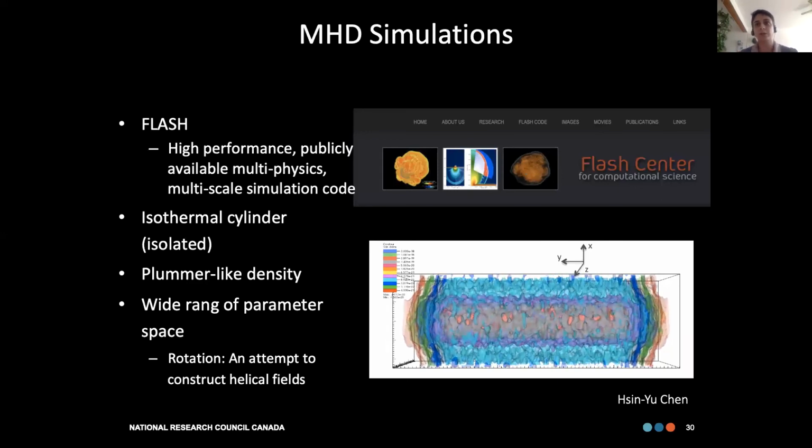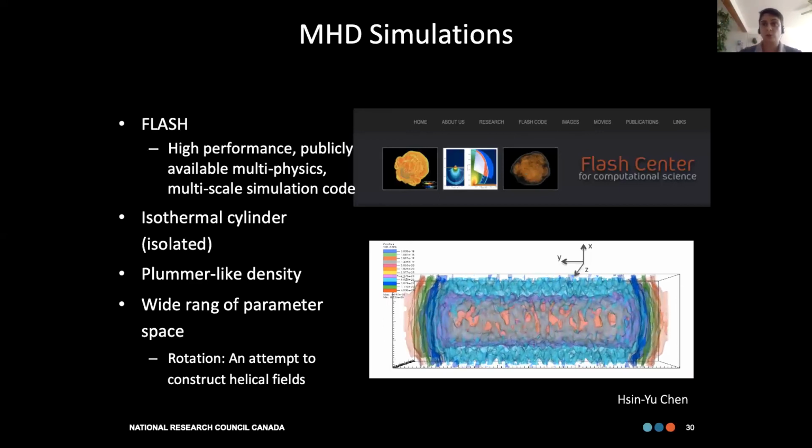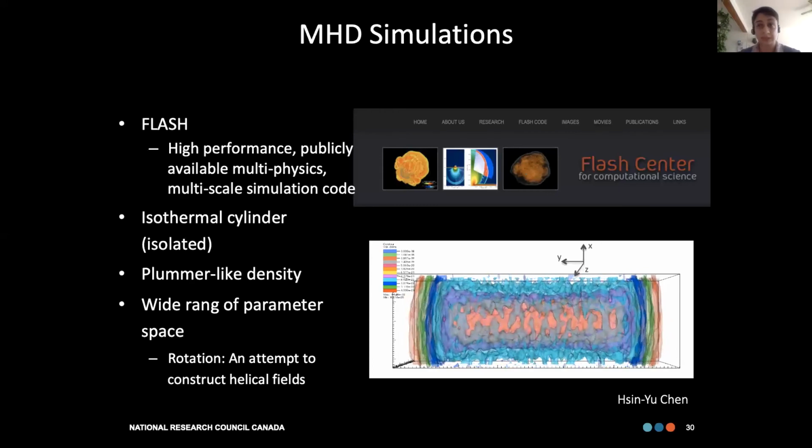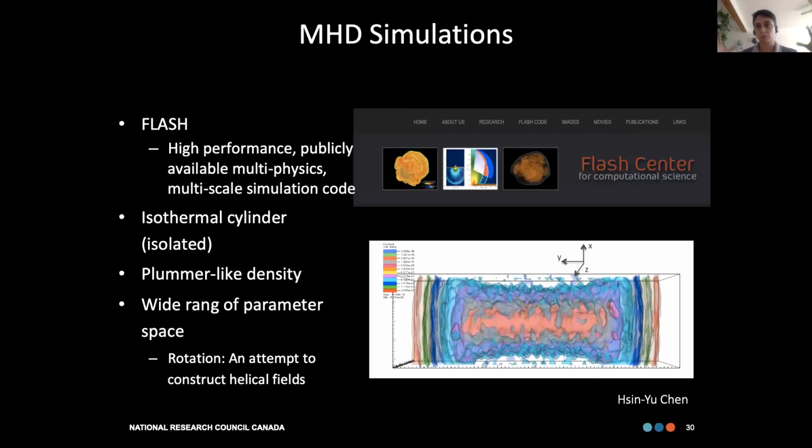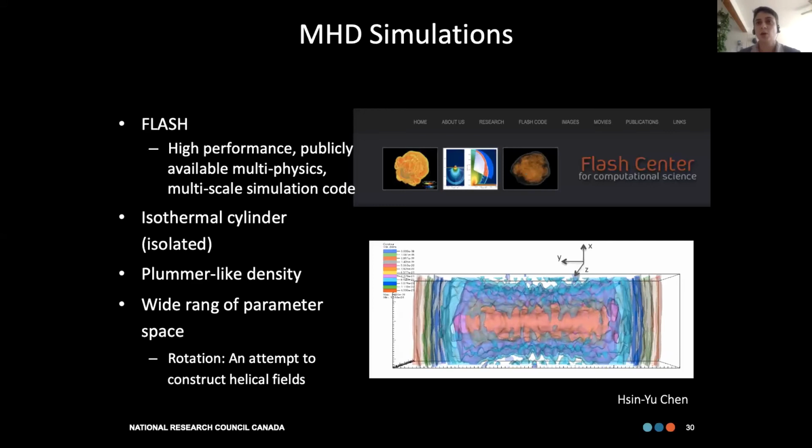We're not limited by projection effects, and we can cut slices through and see this. This movie shows the density evolution as time evolves in the filamentary structure. The filamentary structure starts evolving, and then it eventually forms cores and stars.